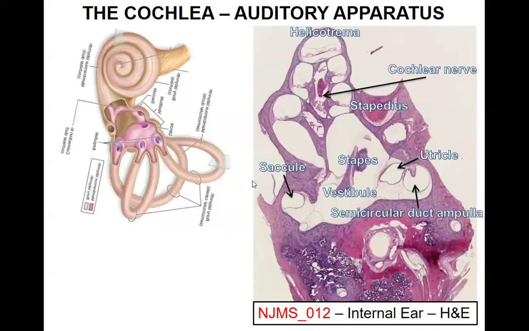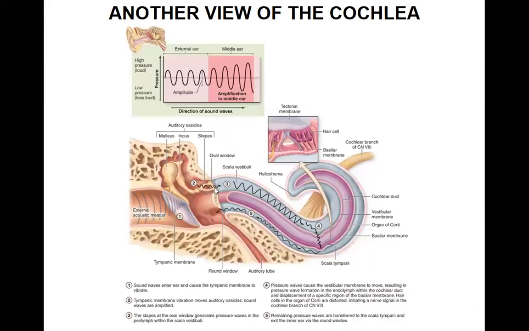So there are three channels, I should say, and two of them are part of the bony labyrinth, and the middle one is actually the membranous labyrinth. The two parts of the bony labyrinth are the scala vestibuli and the scala tympani.